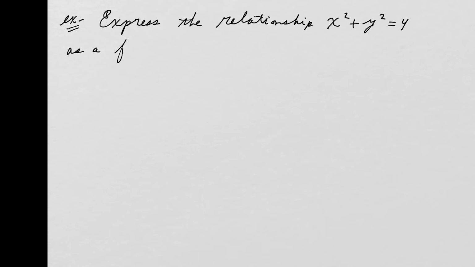So in this case, let's say we want to express the relationship x squared plus y squared equals 4 as a function. y is a function of x, if possible. So what I would do is try and solve it for y, right? Try and solve that relationship for y.